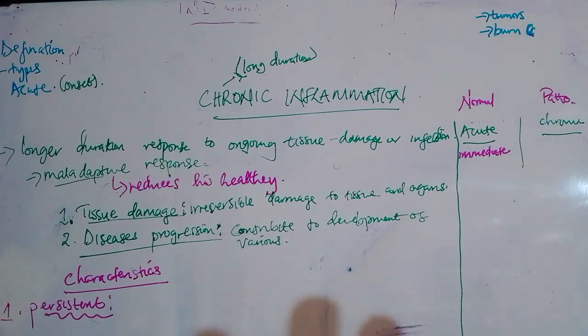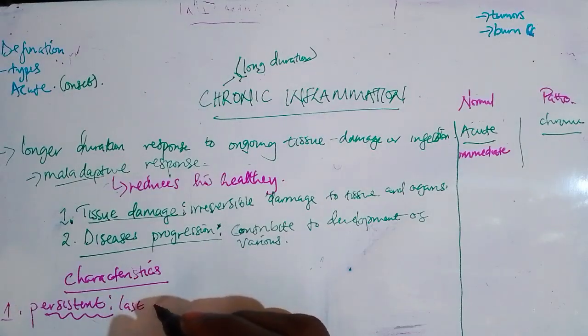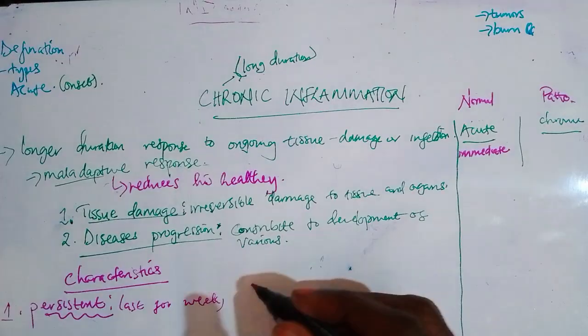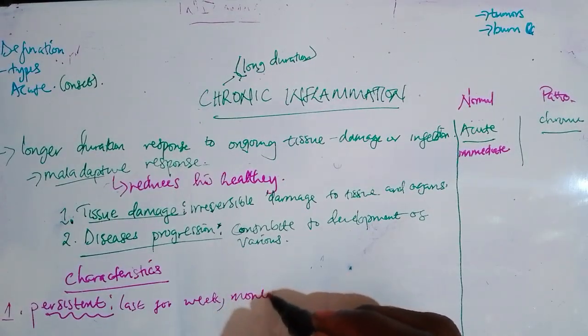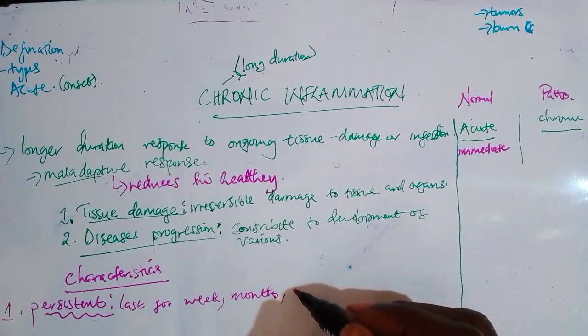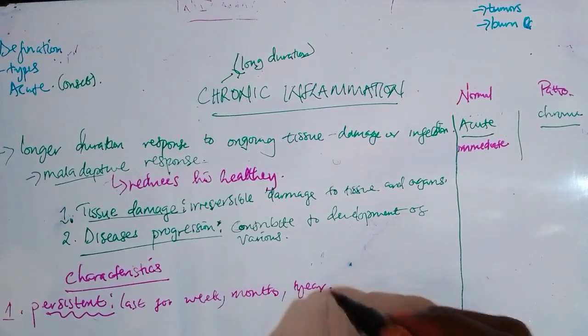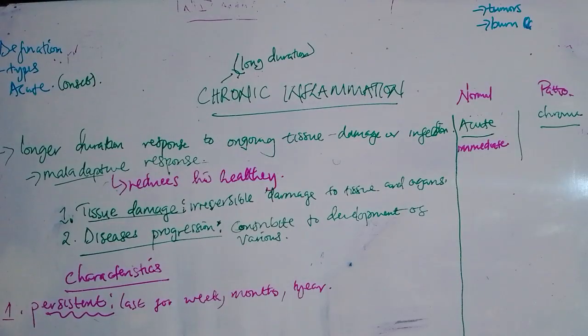Rapid, minutes to hours. But here we said it is persistent. It can last for weeks, even months. To some extent, it also can last for what? For years to come. So this chronic inflammation or this condition can last for years to come.